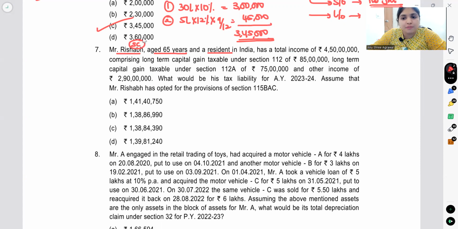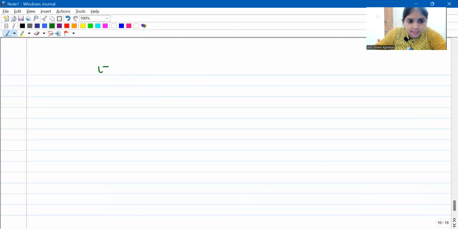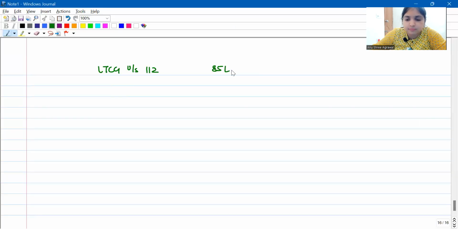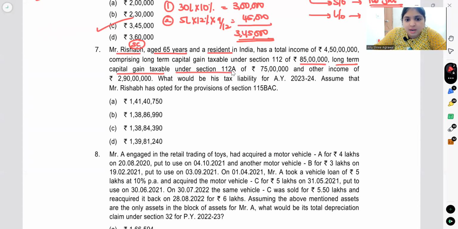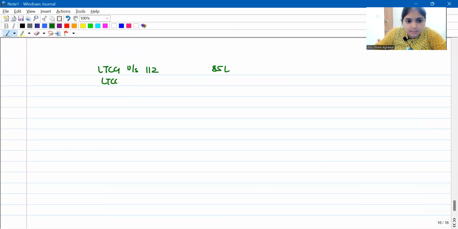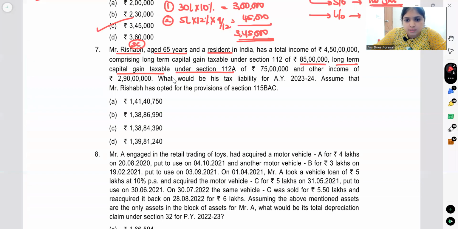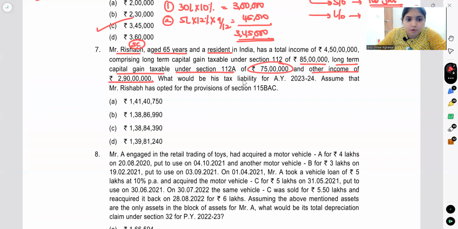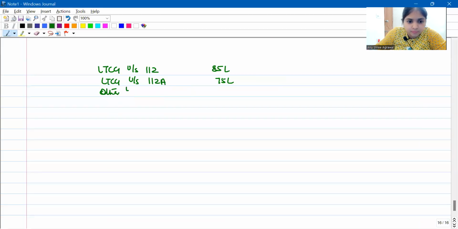He has a total income of 4 crore 50 lakhs, comprising LTCG under section 112 of 85 lakhs, LTCG under section 112A of 75 lakhs, and other income of 2 crore 90 lakhs.